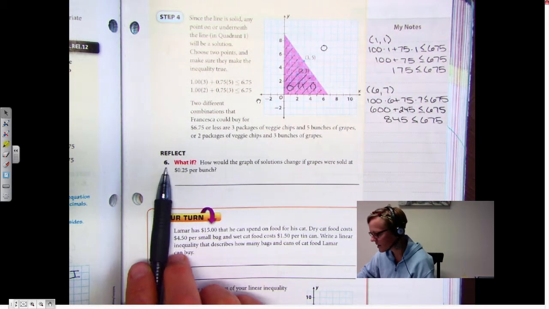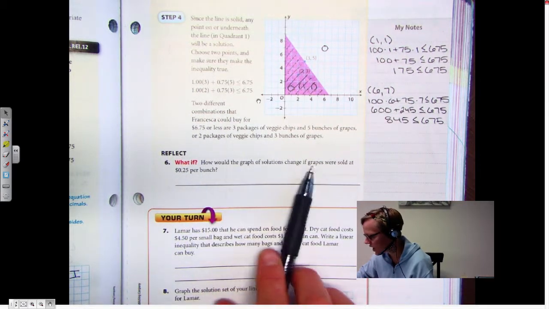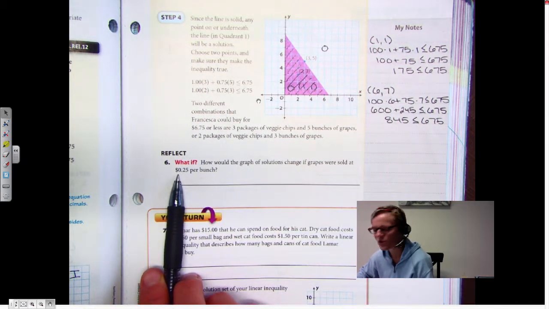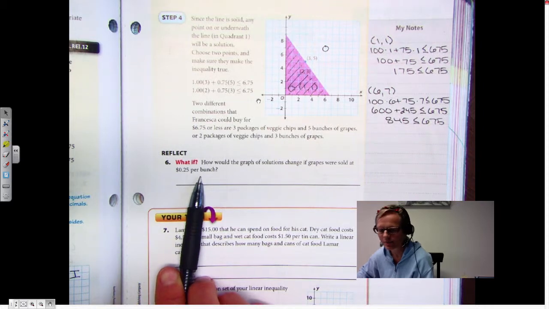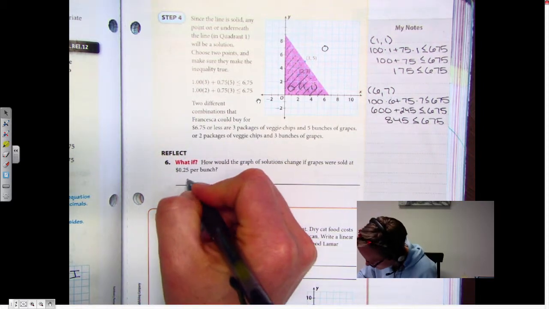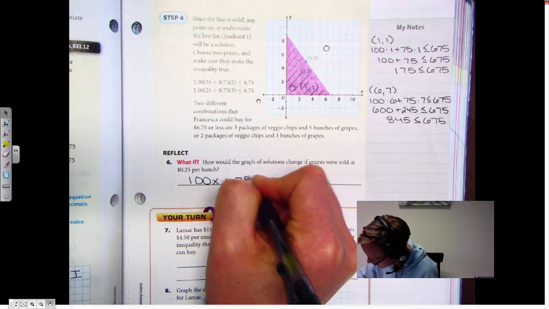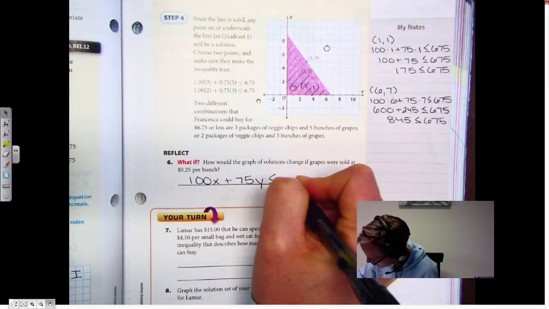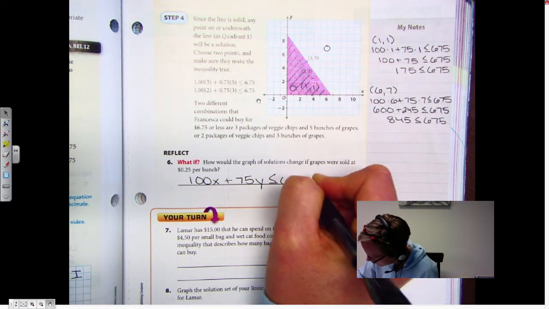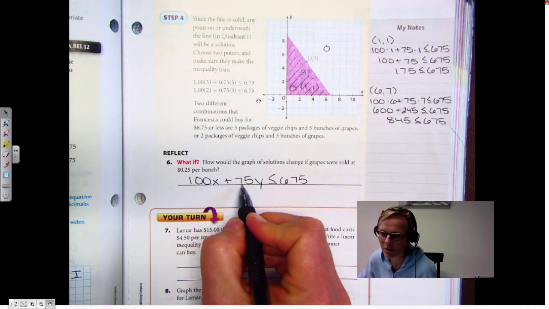All right, number 6, how would the graph of the solutions change if the grapes were sold for 25 cents per bunch? So this was our equation. So instead of 75 cents a bunch, it would be 25 cents a bunch.